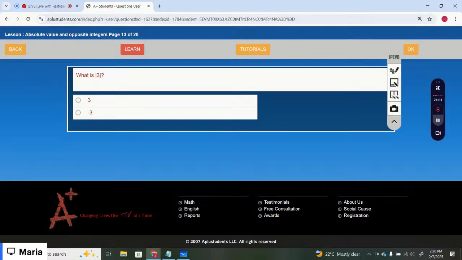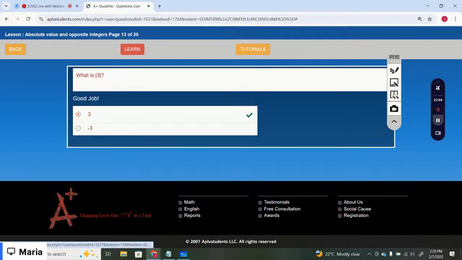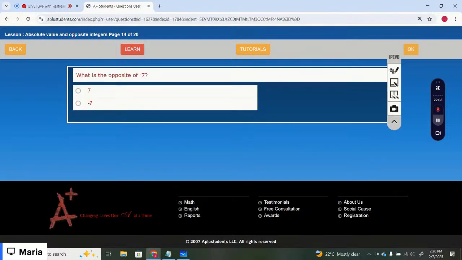What is the absolute value of 3? That is 3. Option number 1 is the correct option. Okay, you can complete the lesson by yourself later today. Let me move on to the next lesson.